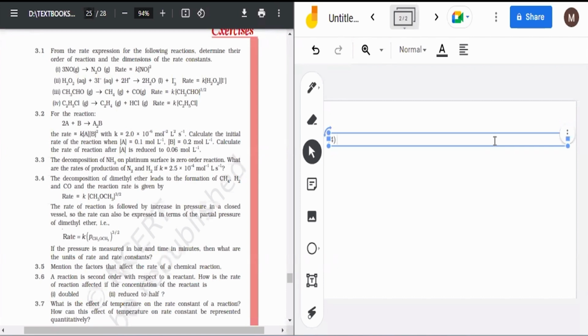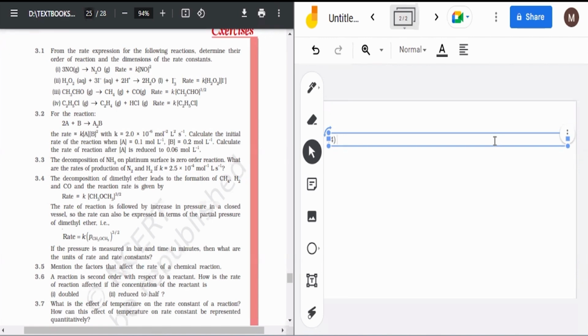If the pressure is measured in bar and time in minutes, then what are the units of rate and rate constant? So the unit of rate is asked. We know rate is equal to concentration upon time, but here we are given that our rate is measured in terms of pressure.